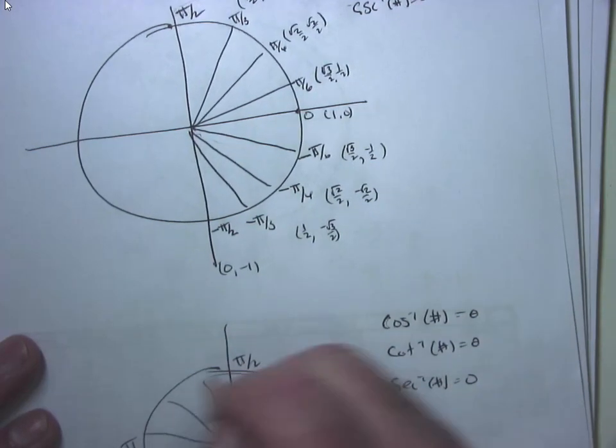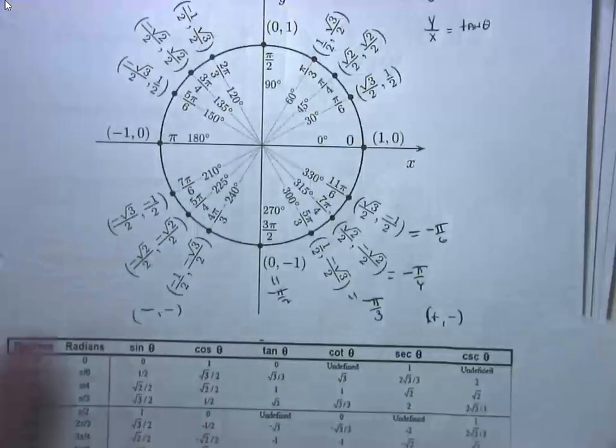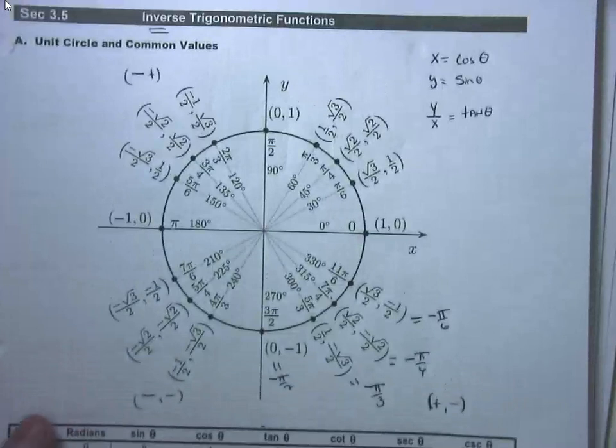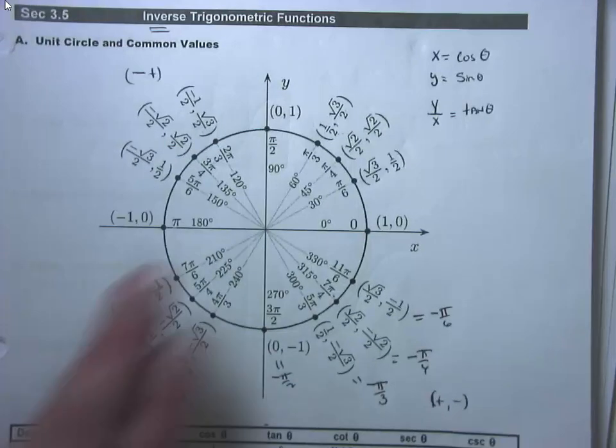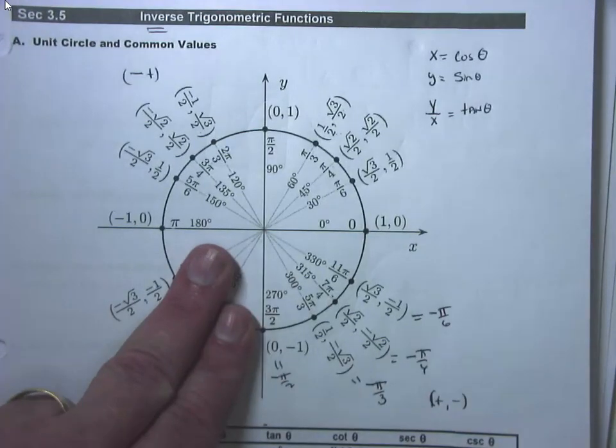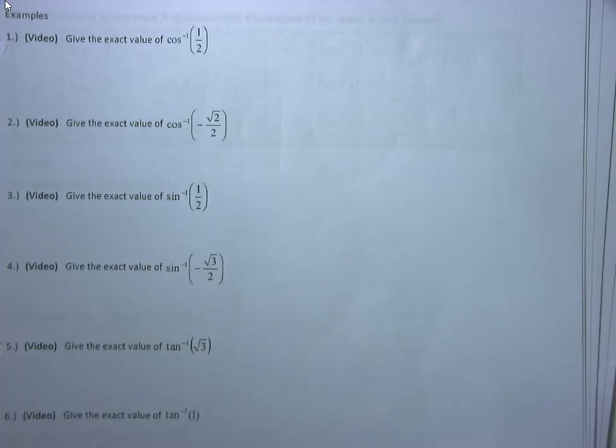You use the top half of the unit circle. You use these guys. Notice one thing. There's one quadrant when I'm doing inverse trig I never use, and that's the 4th quadrant. It's because it's going to violate the one-to-one policy. Does that make sense? So, knowing that fine fact, let's answer these questions.